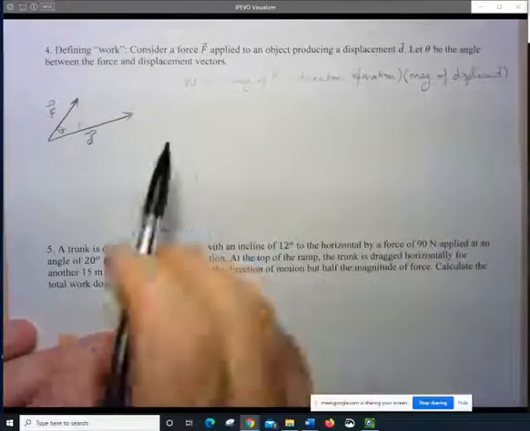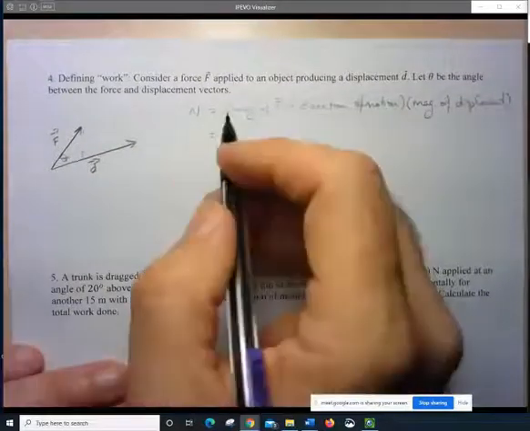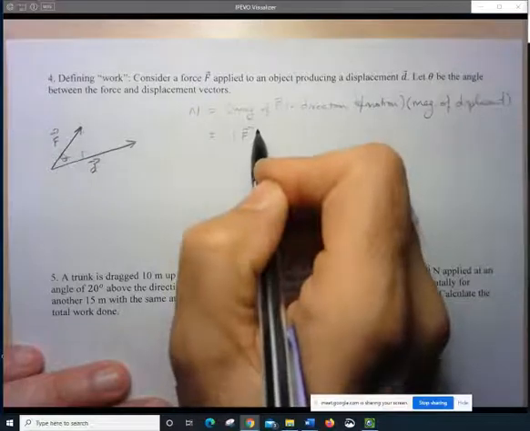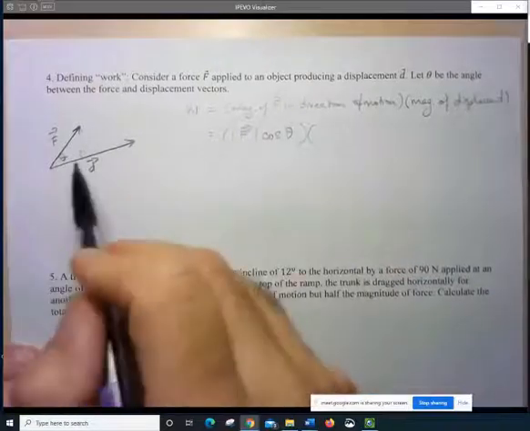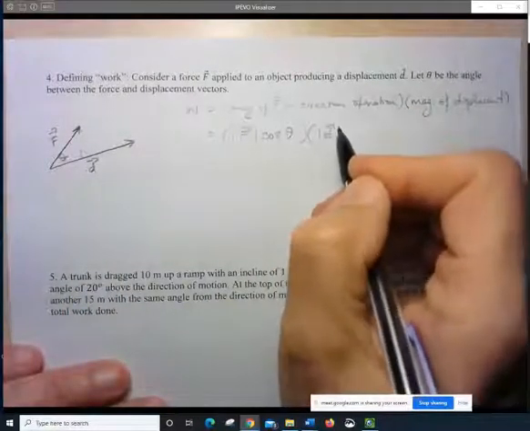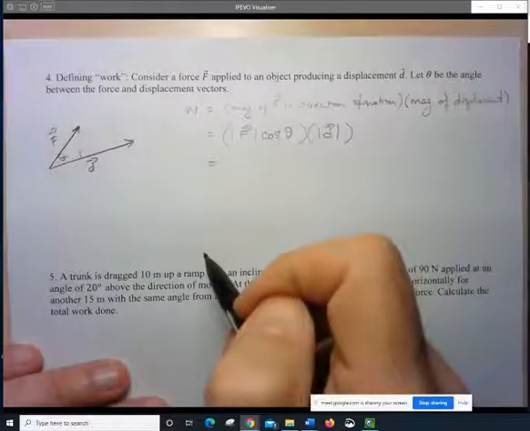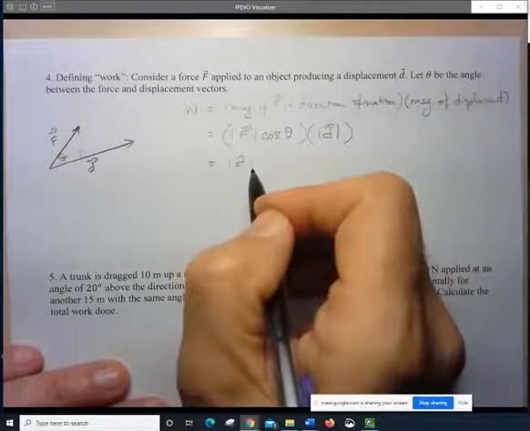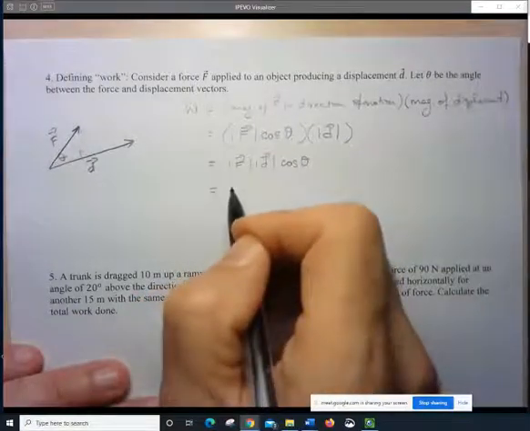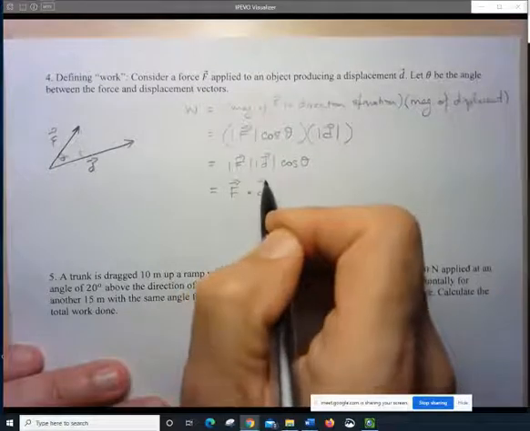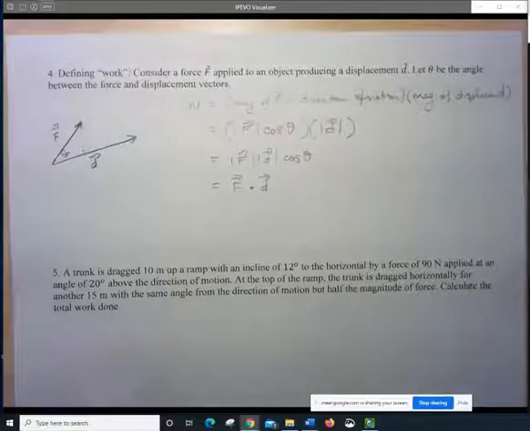Well, we can see here in our diagram that the magnitude of the force in the direction of the motion is just the magnitude of your force vector times the cosine of the angle between them. And the magnitude of your displacement is just the magnitude of your vector d, the distance traveled. You do a little moving around and you get magnitude of f times magnitude of d times cosine of theta, which of course is otherwise known as f dot d.